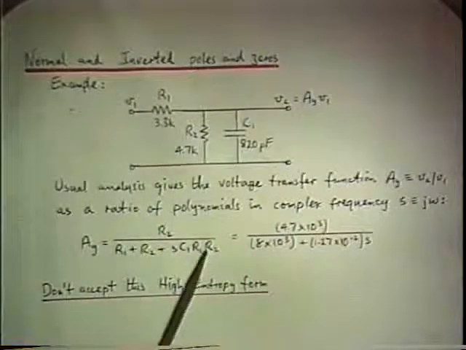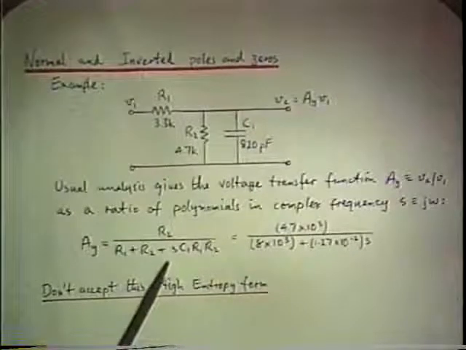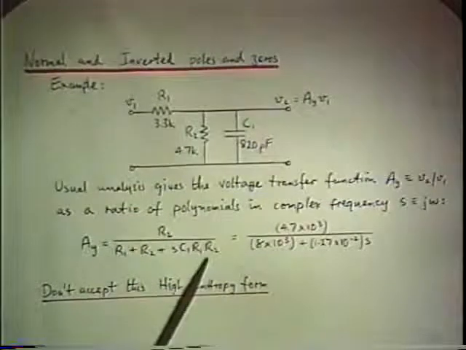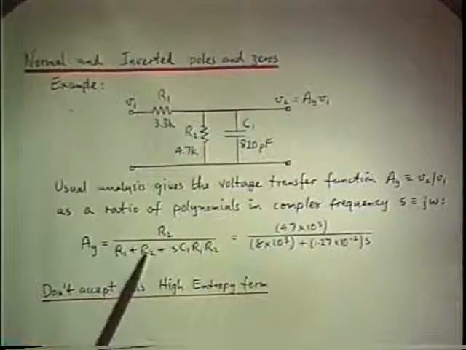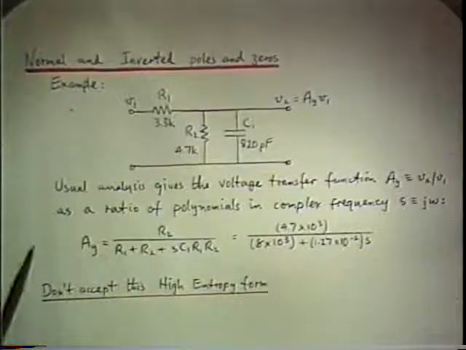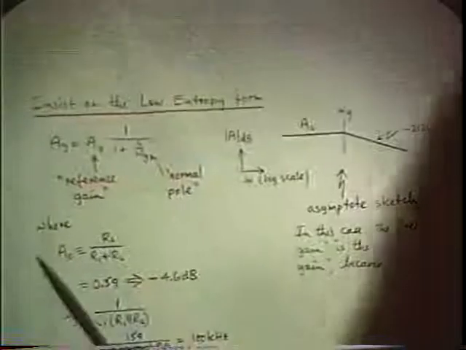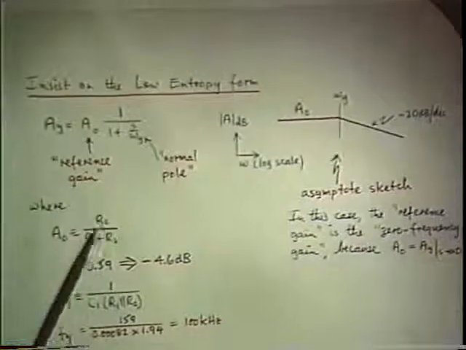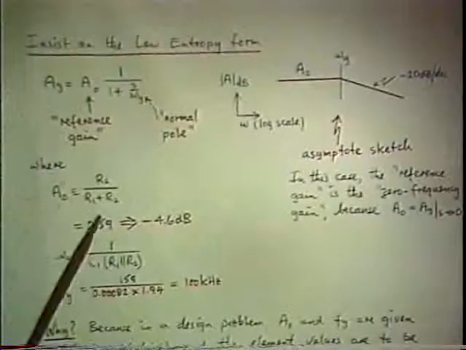You could put it into low entropy form, because whenever you get a ratio of polynomials in complex frequency S, the next step should be to make those polynomials have a leading term of 1. That is, you should pull out the R1 plus R2 from the denominator out front, and the R2 from the numerator out front. That gives you this format, where the A0 is the R2 from the numerator over the R1 plus R2 from the denominator.